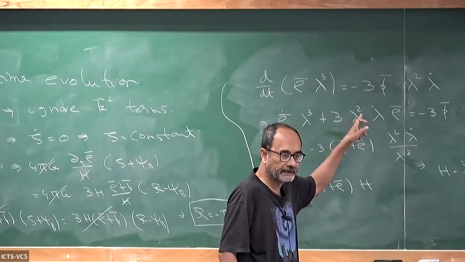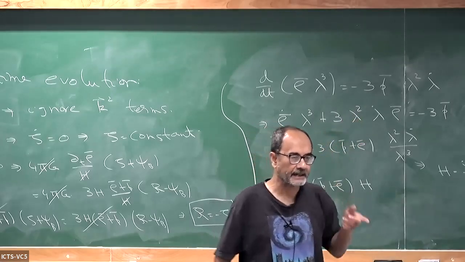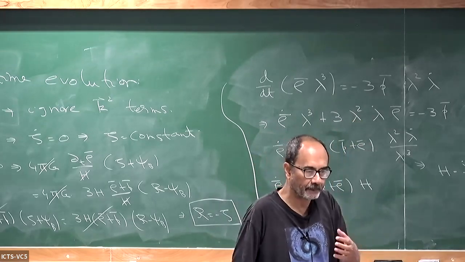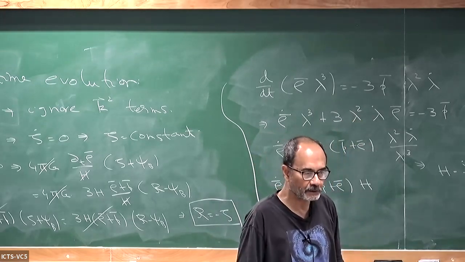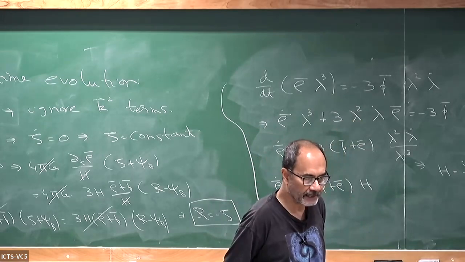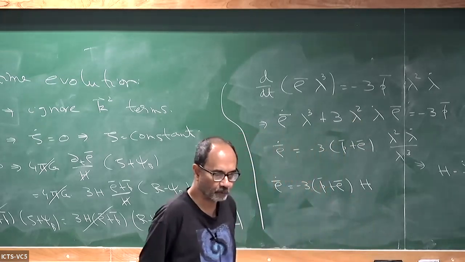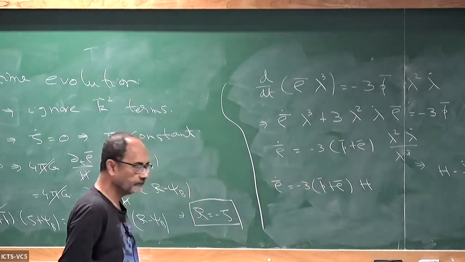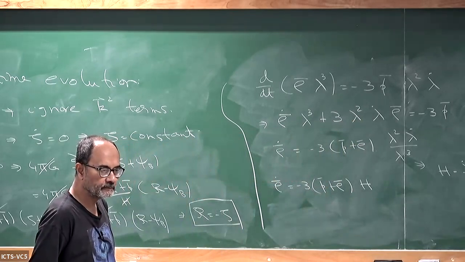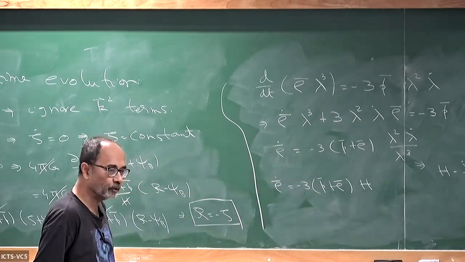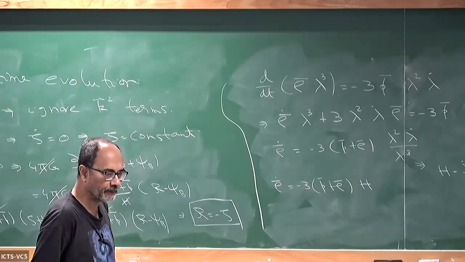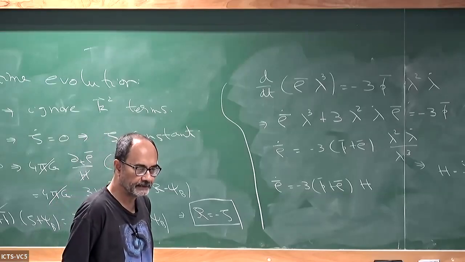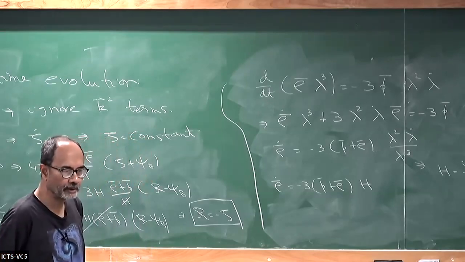This is what tells us, for example, that for matter, rho falls off as 1 over lambda cube. For radiation, it goes as 1 over lambda to the fourth and so on. That's the formula basically. This comes from conservation of T mu nu. Exactly. This is conservation of the background T mu nu in the FRW: D mu T mu nu equal to 0.